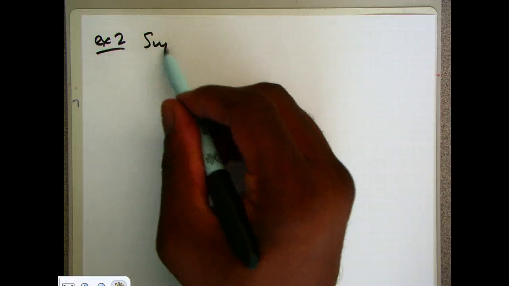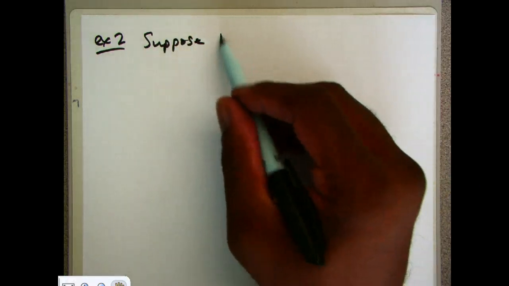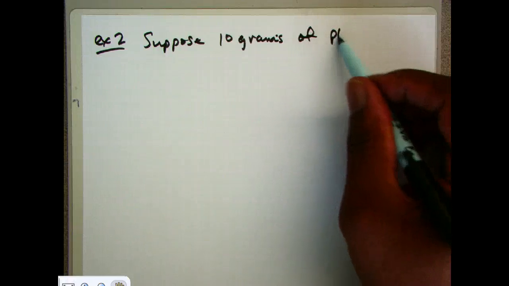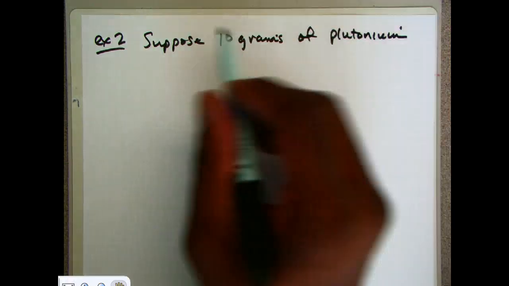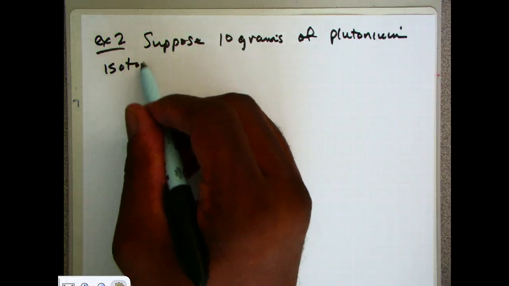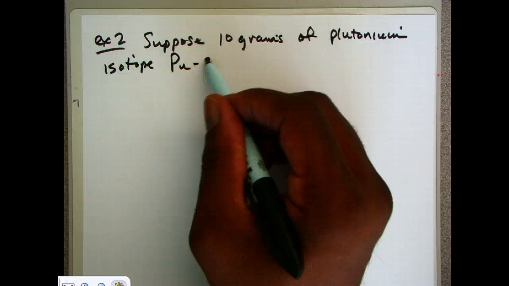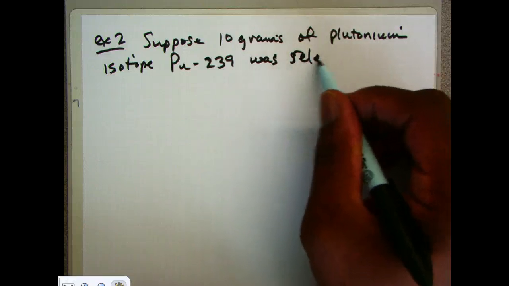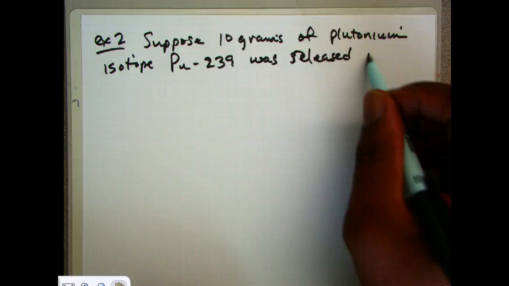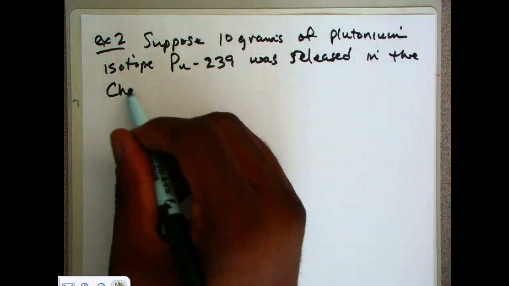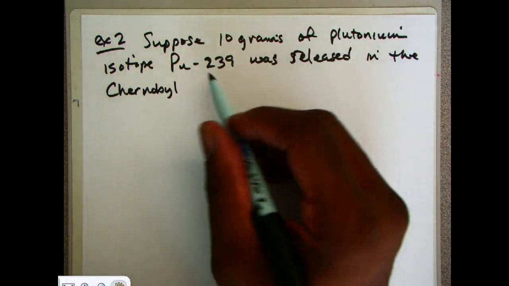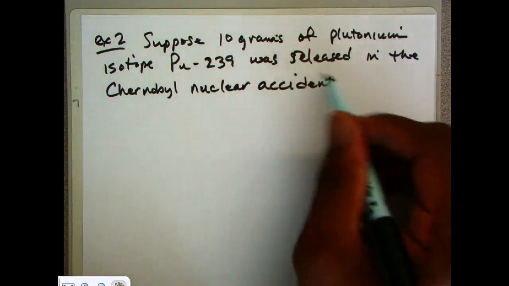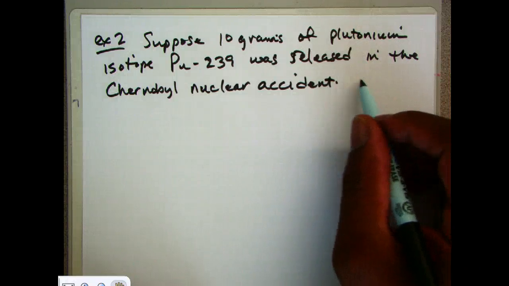Suppose you have 10 grams of plutonium isotope Pu-239, and it was released in the Chernobyl nuclear accident.